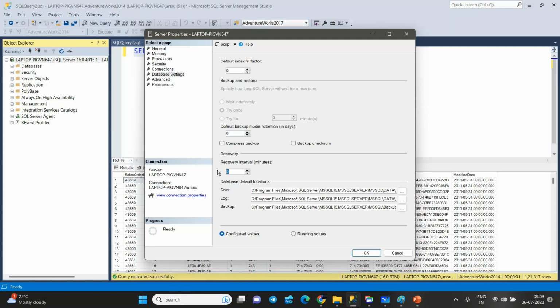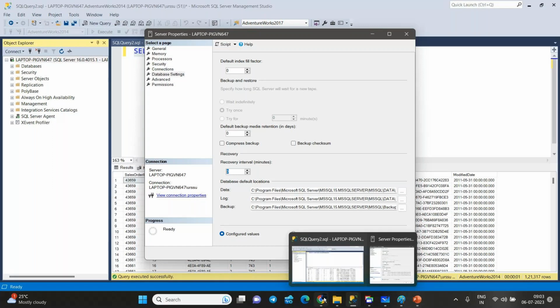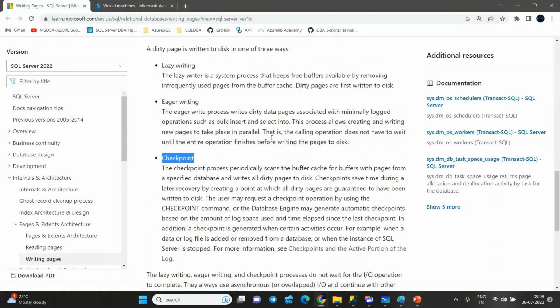Whenever you search in blogs, you will see every 10 seconds, every 60 seconds, every 2 minutes the checkpoint is triggering. But don't tell the time frame, sir. Nowhere is Microsoft saying anything about when the checkpoint will trigger, or giving a time frame.